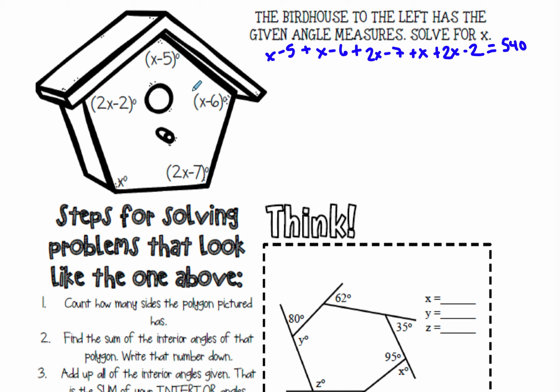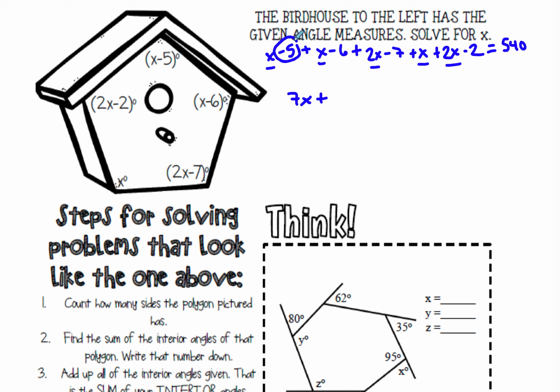All right, let's check our answers. So we need to combine the like terms. I have x, x, 2x, another x, 2x. So let's see, 1, 2, 3, 4, 5, 6, 7. 7 x's. Plus. Okay, let's see.